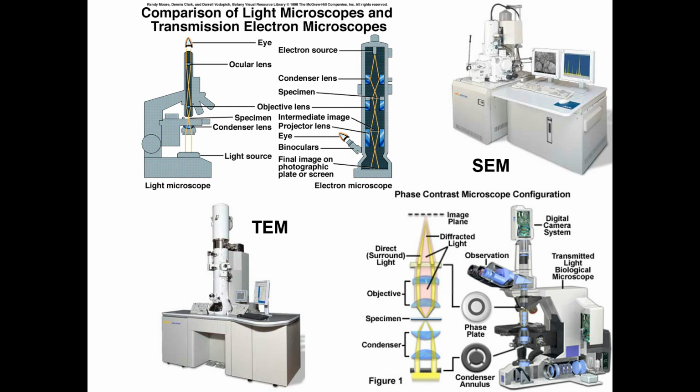They're going to bounce off, and you're going to capture that image, and you're going to get a projected image of what you see on a screen, on a computer screen nowadays. Older models of electron microscopes have a photographic plate of what you're looking at. Nowadays, most electron microscopes use computers as the display monitor.